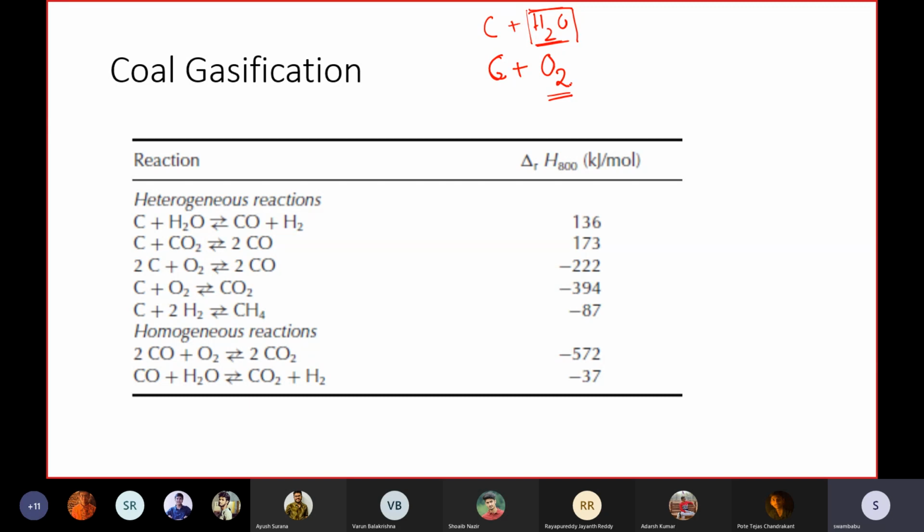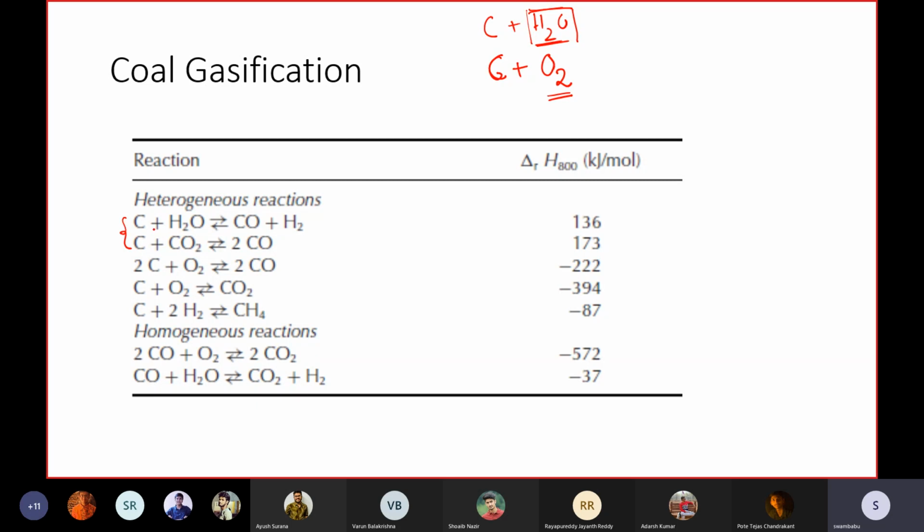Now one difference is that these two reactions take place when you use steam.